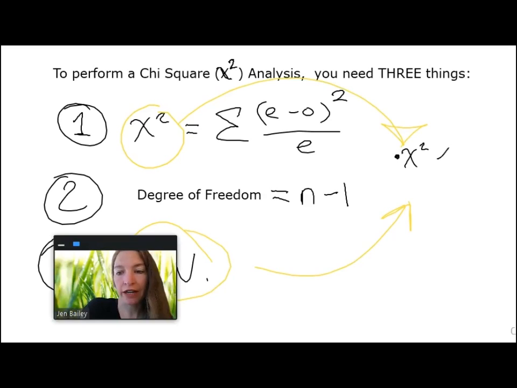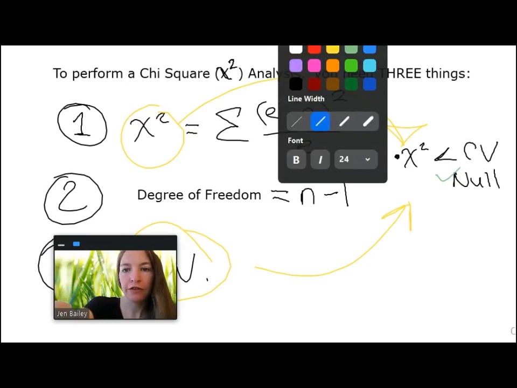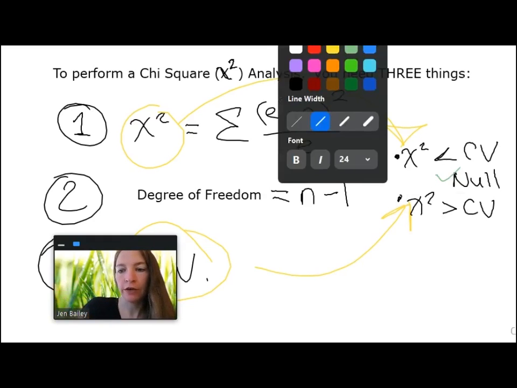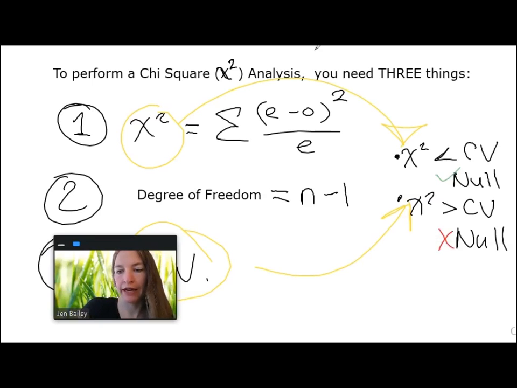If your chi-squared is less than your critical value, then you accept your null hypothesis. But if chi-square is actually larger than your critical value, then you have to reject your null hypothesis, okay?